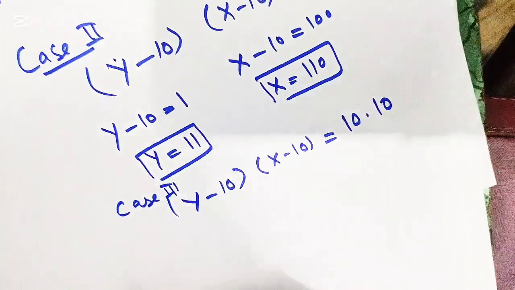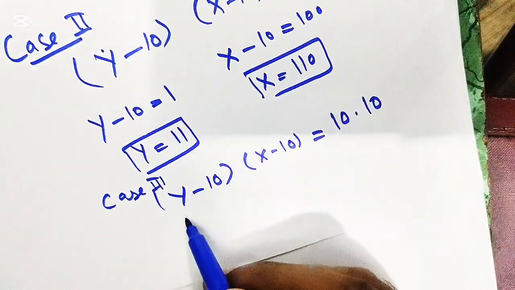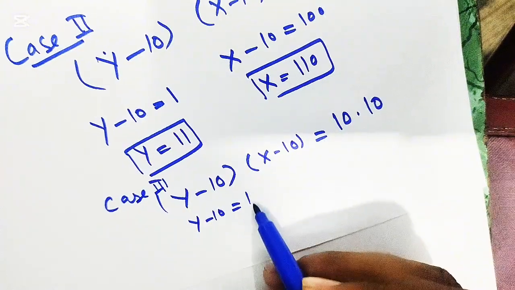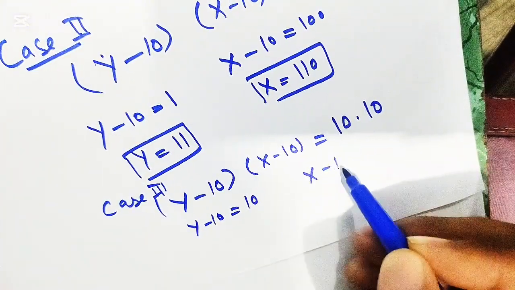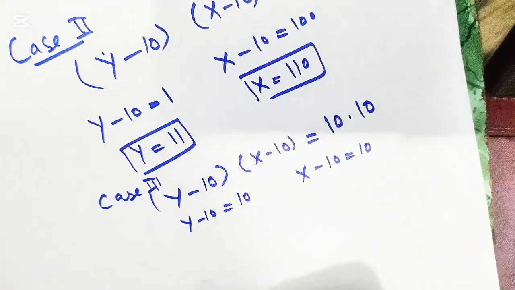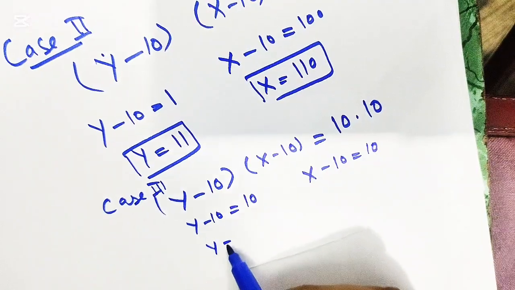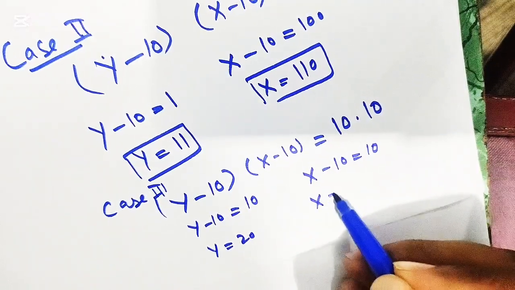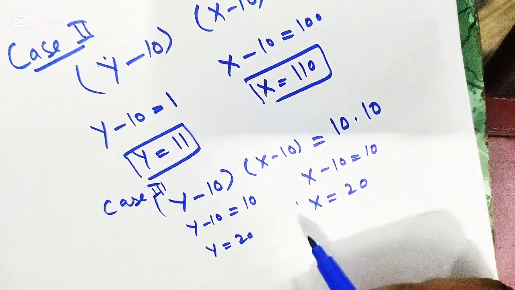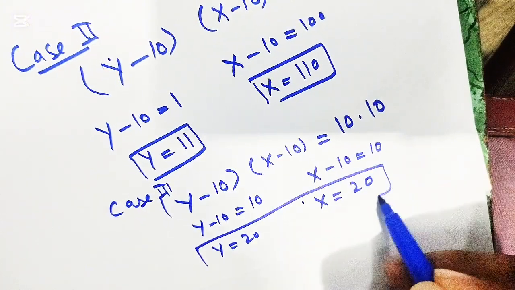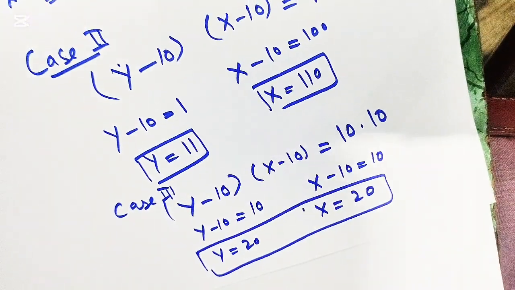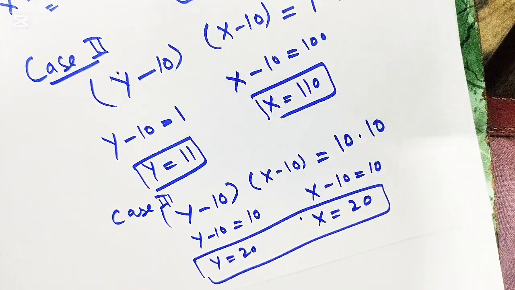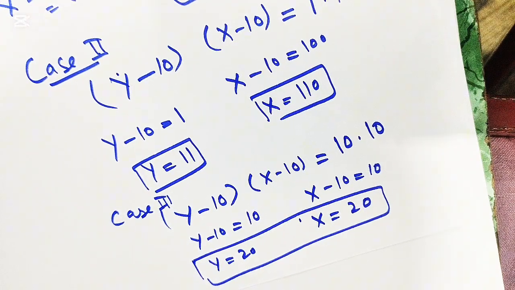From this we have y minus 10 is equal to 10 and x minus 10 is also equal to 10. From this, y is equal to 20 and x is equal to 20. So this is our third case. In this way we also have further two cases for such a condition.